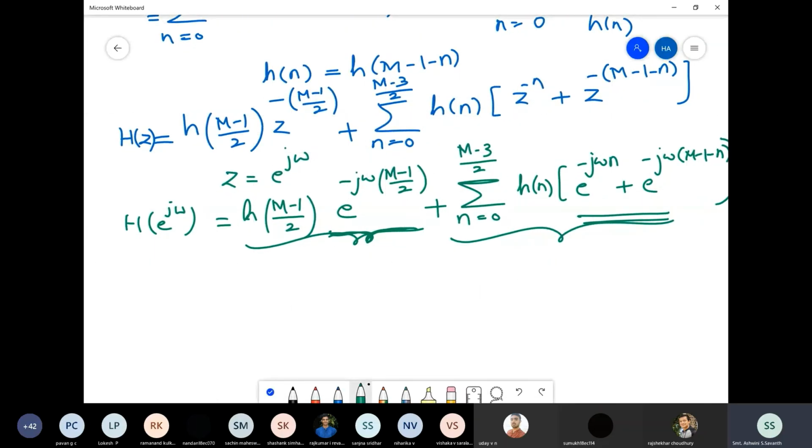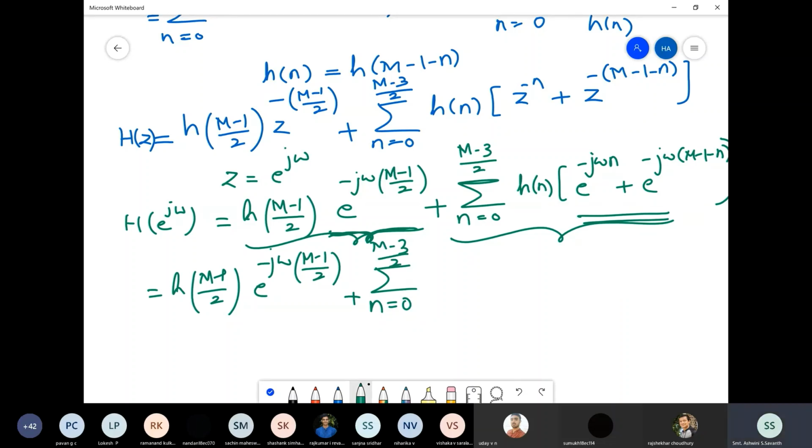The first term will be as it is, which I am going to write here, plus in the second term, let us take e power minus j omega into m minus 1 by 2 as a common value.